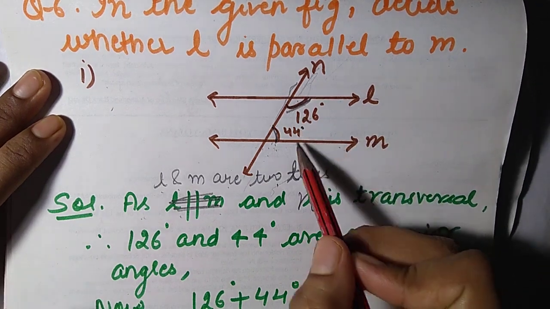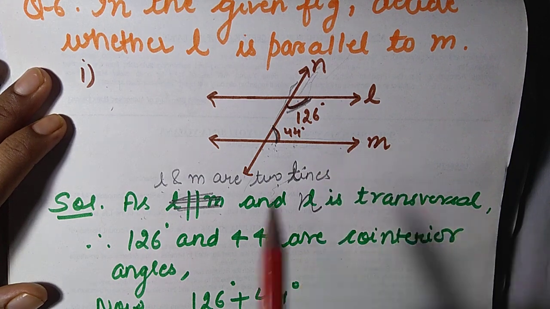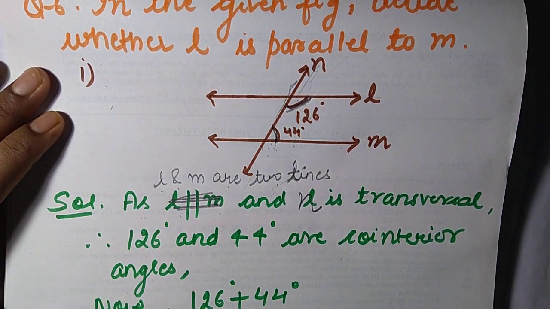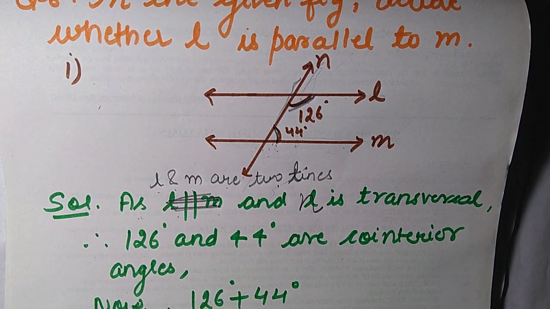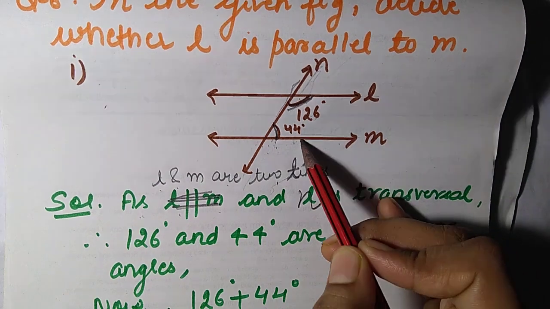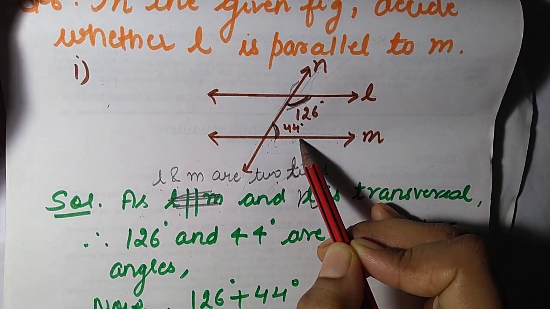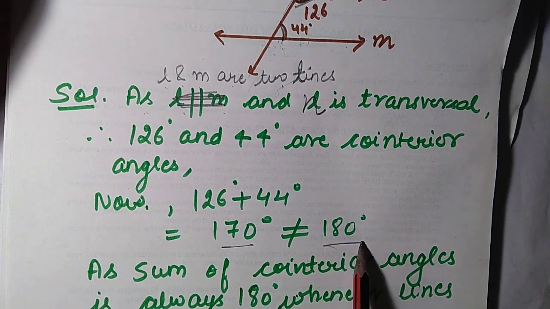So I will sum these angles, which are co-interior angles. If their sum comes out to be 180, then we can say the lines are parallel, otherwise not. You have to check the sum of co-interior angles. So 126 plus 44 degree gives you 170 degree. That is not equal to 180 degree.